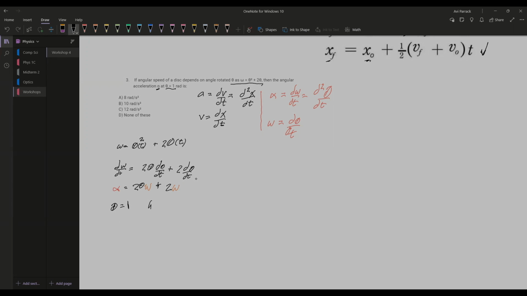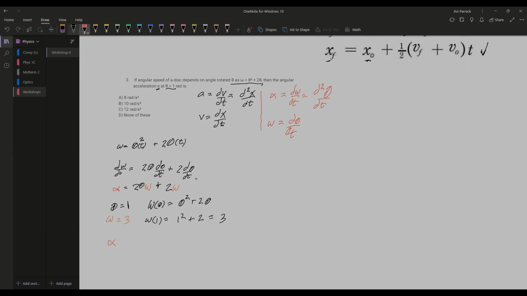And then we also had the function that omega as a function of theta is equal to theta squared plus 2 theta. So omega as a function of 1 radian is equal to 1 squared plus 2 times 1, which is equal to 3. So the value of omega is 3. The value of theta is 1 radian. Now let's calculate the value of alpha.